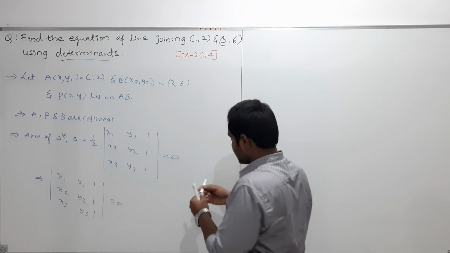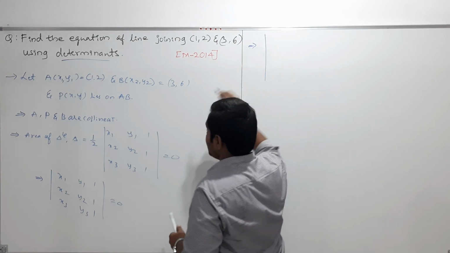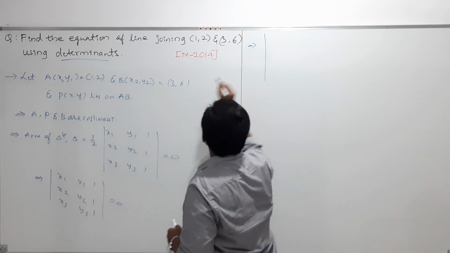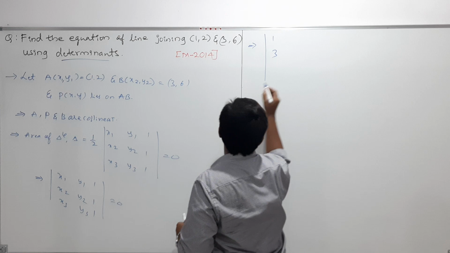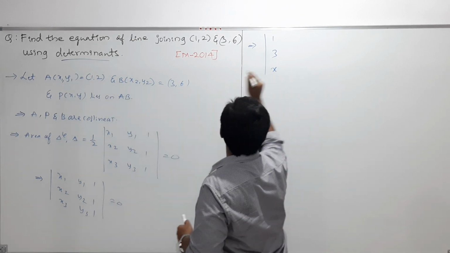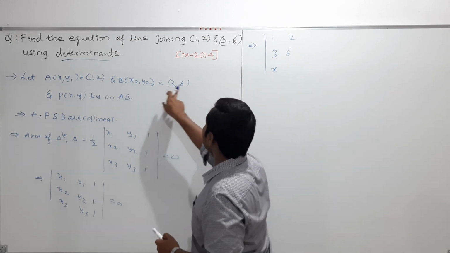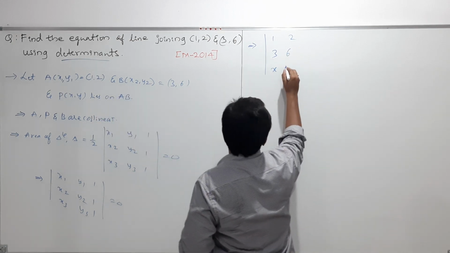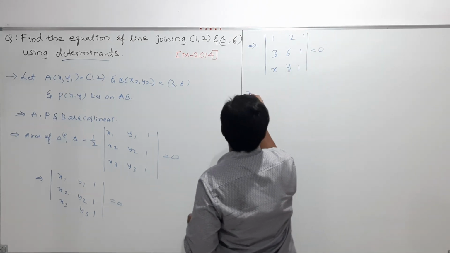So this implies the first row is x1, x2, x3, which is 1, 3, and simply x that I am taking here. Clear? And next, 2, 6, and y, and 1, 1, 1. This is equal to 0.